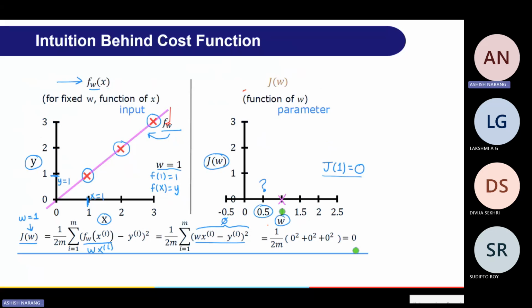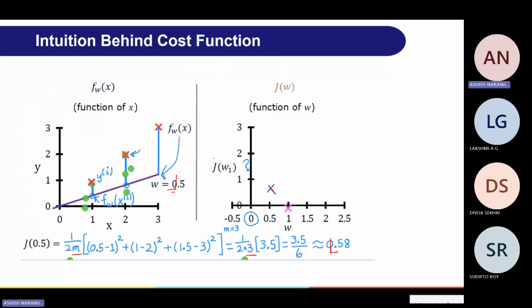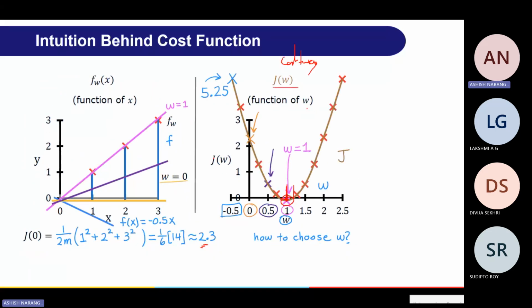For W equal to 1, I got this particular value. When W was 0.5, what is the cost function that I got, that is what we have plotted. When W is 0, the cost function we got is 2.3, right here.